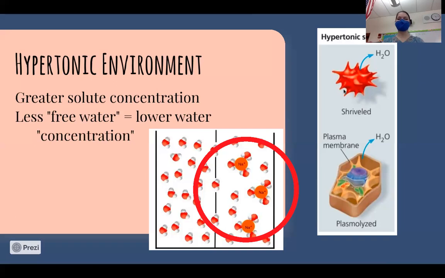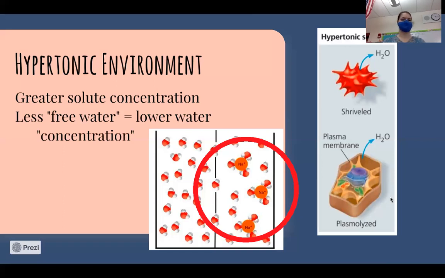So what we see with cells that are placed in a hypertonic solution is that animal cells shrivel up. For plant cells, they shrivel up, and that shriveling also pulls them away from the cell walls, causing something called plasmolysis. You'll read about it and be like, oh yeah, we done saw that on Friday.